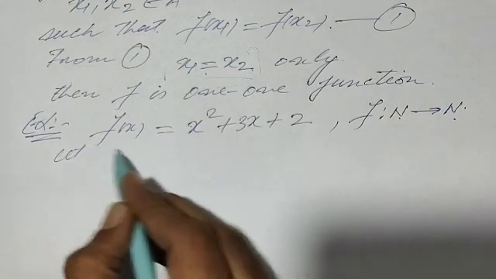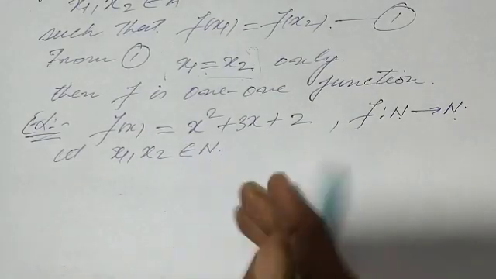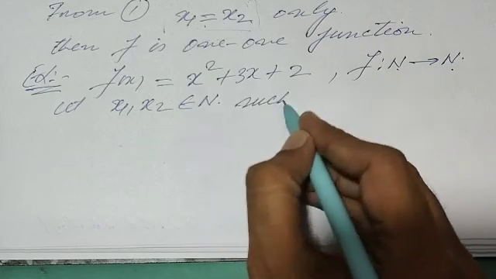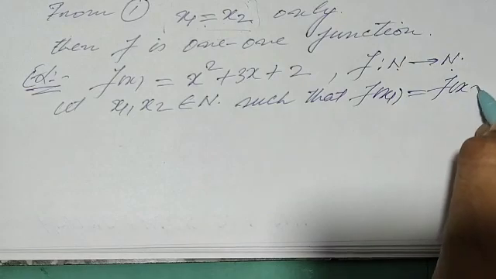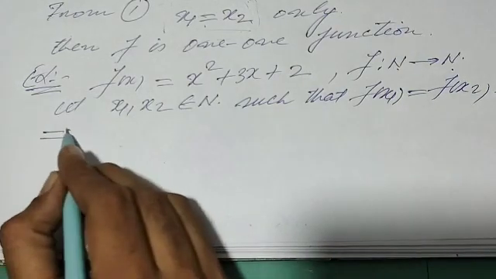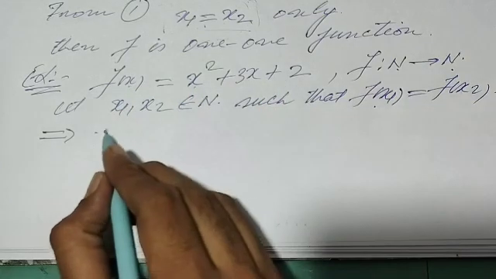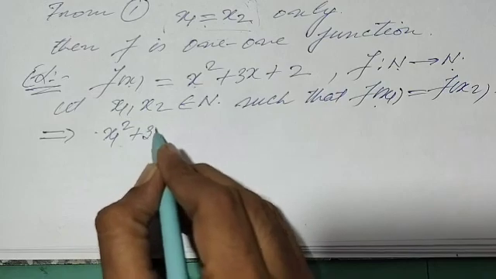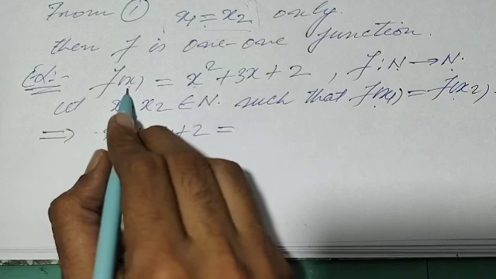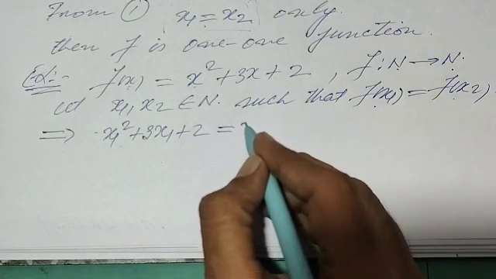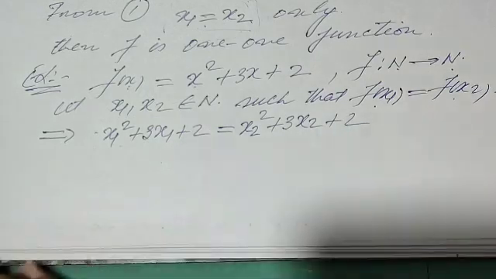So we take two arbitrary elements x1 and x2 from the set of natural numbers such that f(x1) is equal to f(x2). It implies that f(x1), if we replace x by x1 in this function, we get x1 squared plus 3x1 plus 2 is equal to f(x2). If we replace x by x2 in this function, we get f(x2), which will be x2 squared plus 3x2 plus 2.